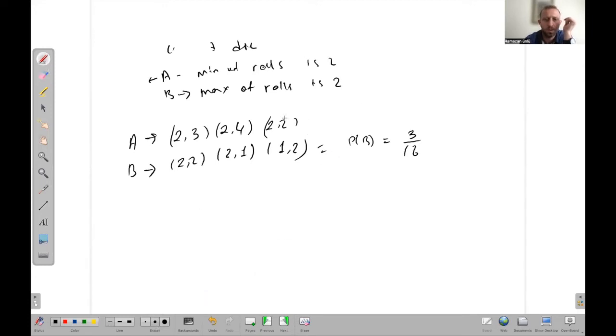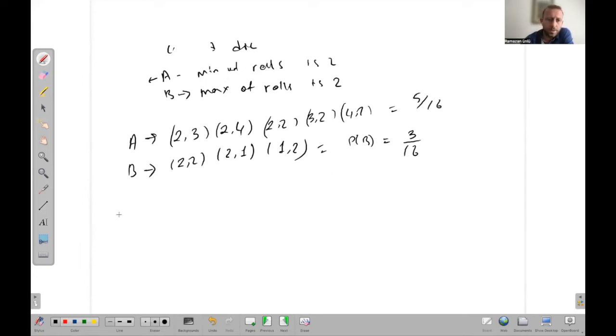Let me write the 2, 3, 2, and 4, 2 again. Okay, so I forgot this pair. So this will be 5 over 16, and the probability of B will be 3 of 16, right?